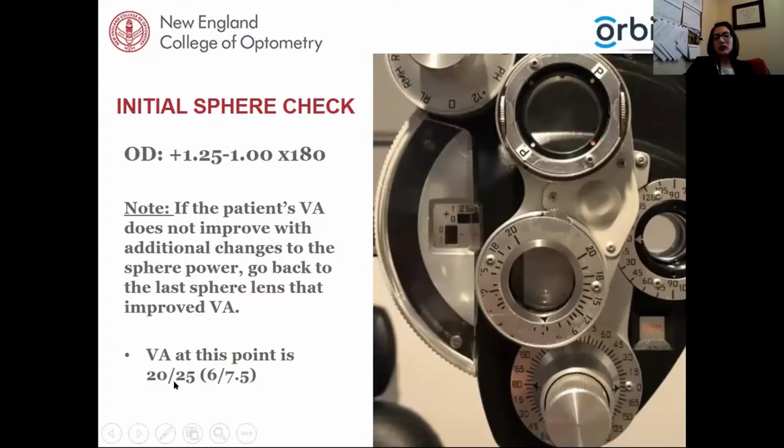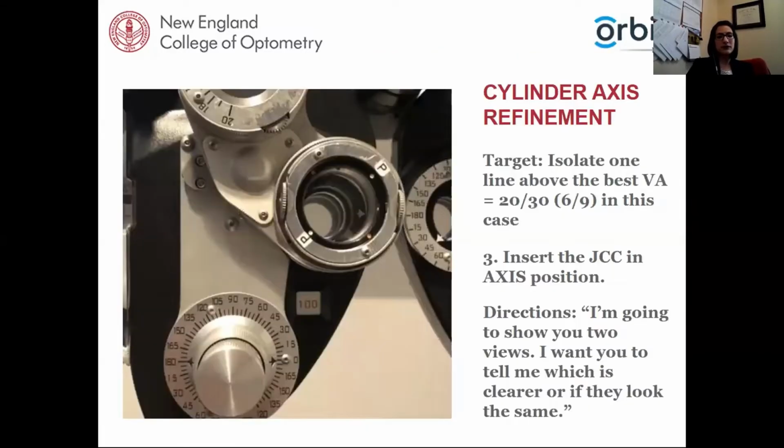And at this point, the patient's 20/25. And so if the patient's vision is not improving, let's say we go from +1.25 to the +1, and their vision isn't getting any better, they're still 20/25, then I would just leave them at +1.25 because the additional change to the power that you've made did not make a difference.